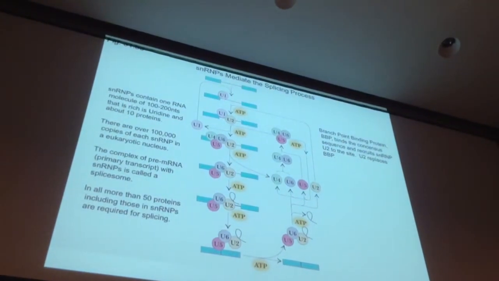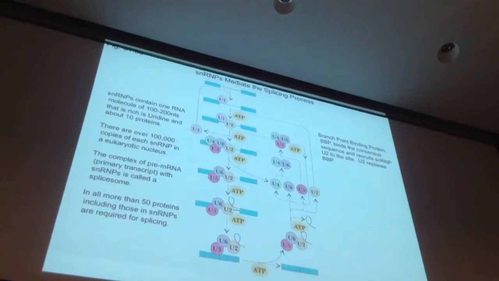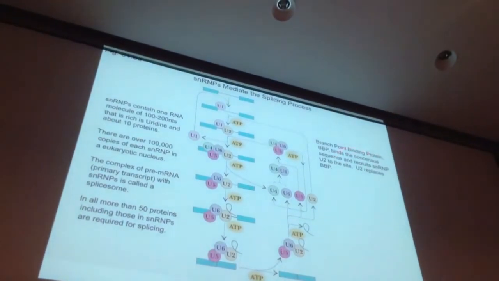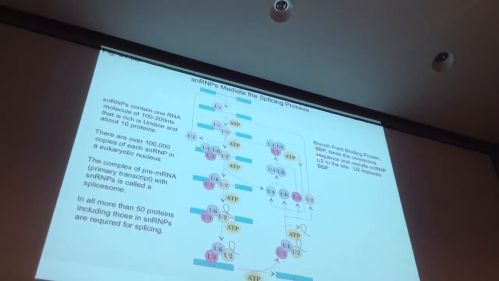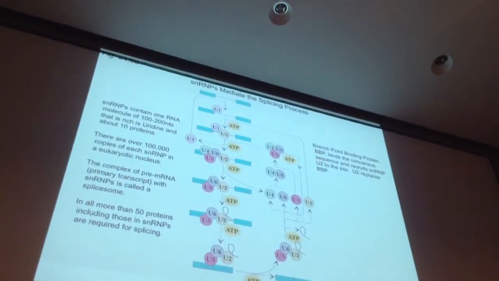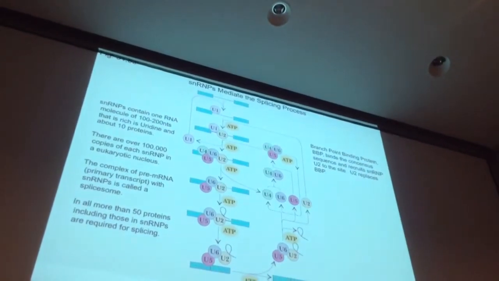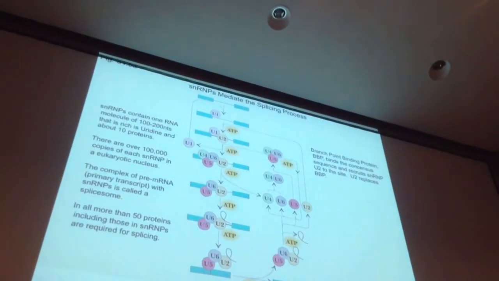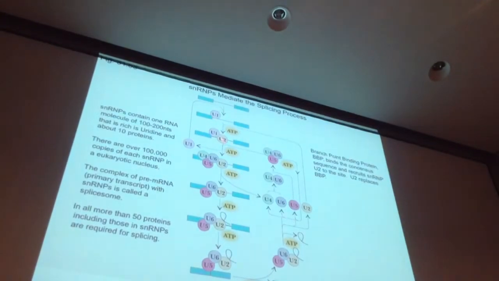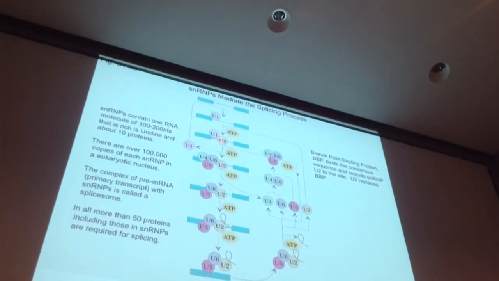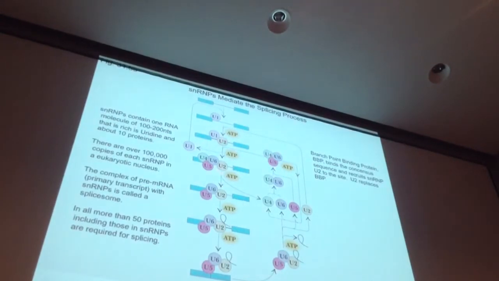U2, by the way, is the one that recognizes the branch point A. The branch point binding protein finds the consensus sequence, which is very important, and recruits U2 to the spot.